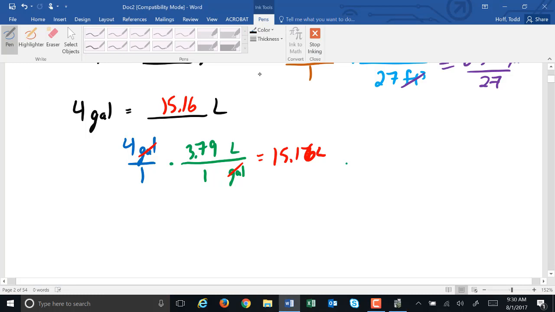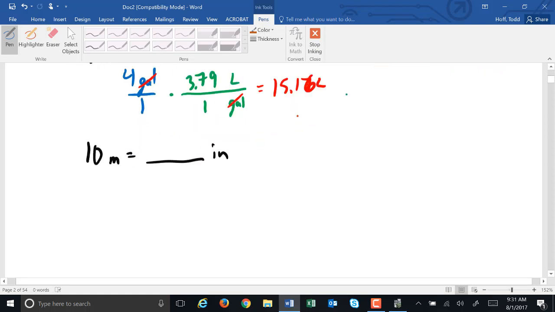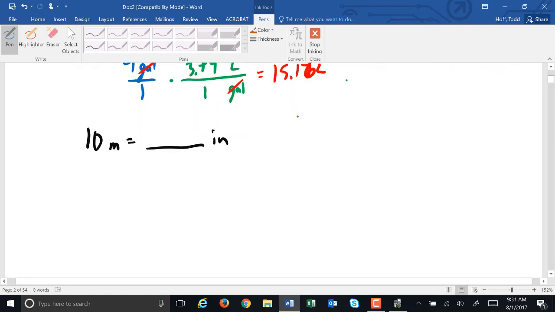Or you might have 10 meters into inches. Now I don't have a direct conversion in my head here from meters to inches, but there should be one in your textbook.